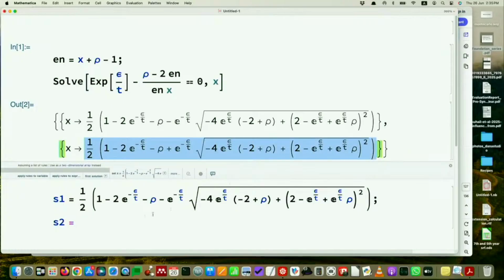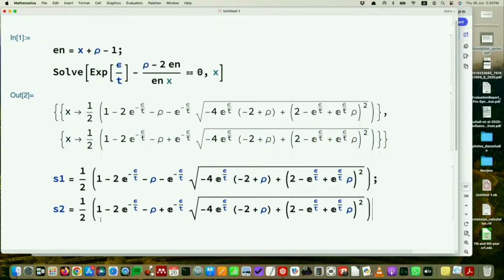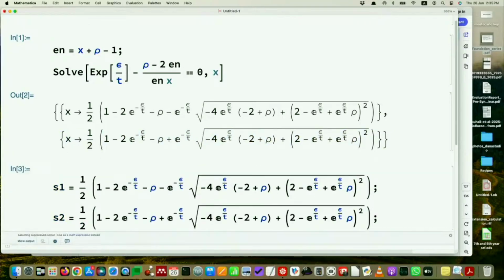Only one of them can be right. To determine which is right, if one of them is negative, but x is e to the power minus p by t, which is positive, we can throw that away. So we have got some expression for this.